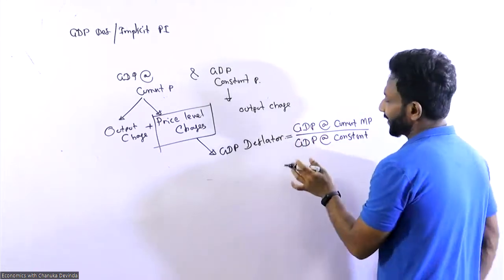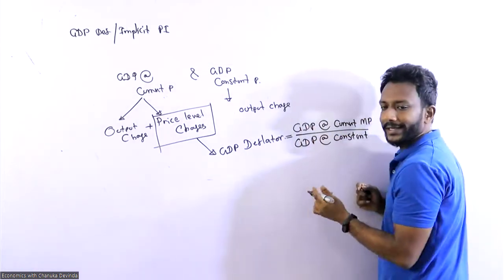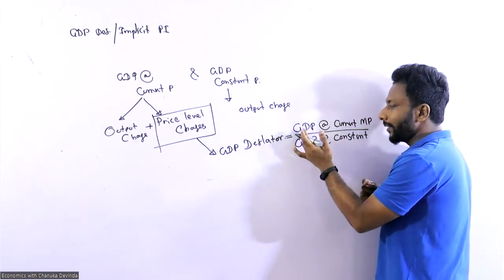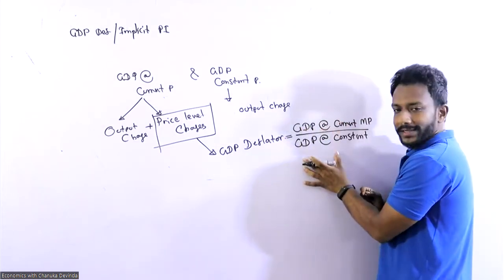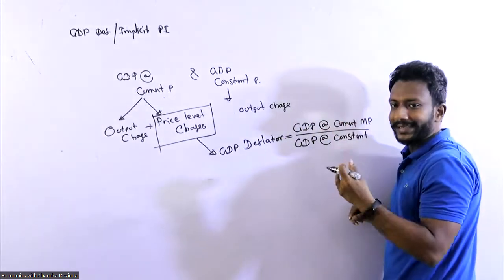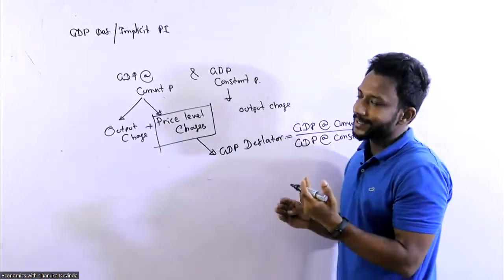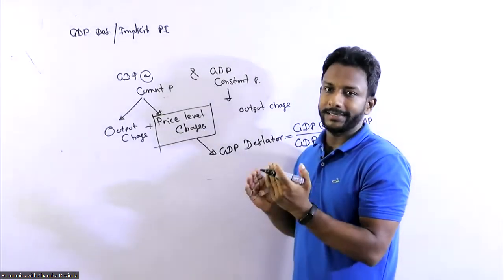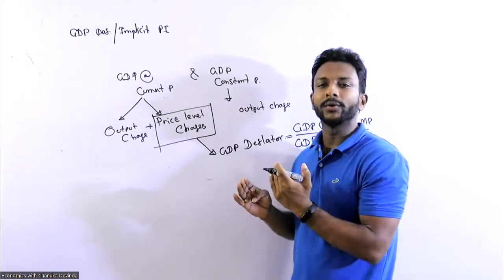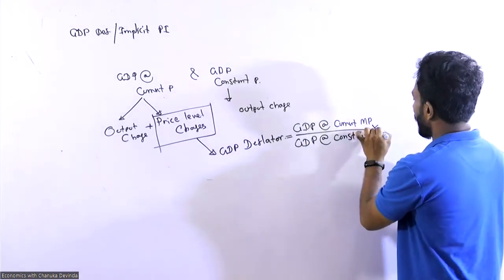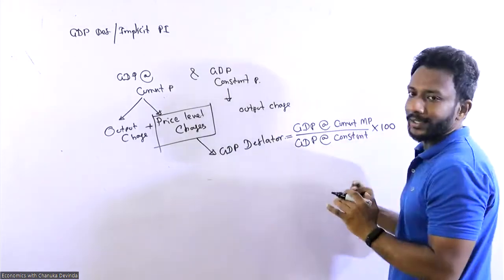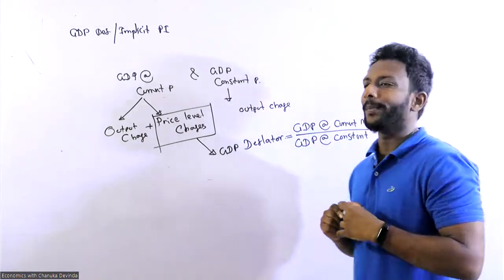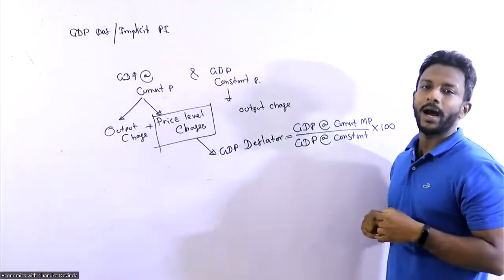Actually, GDP deflator is the ratio between current market price and constant price. But since it is an index, we have to multiply it by 100, because every index we have to multiply by 100.